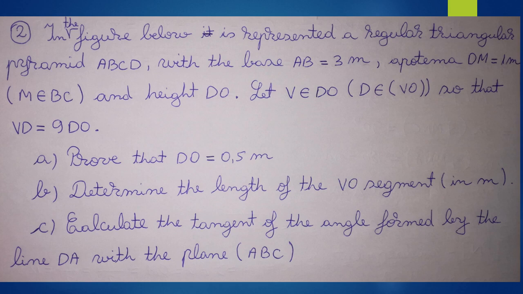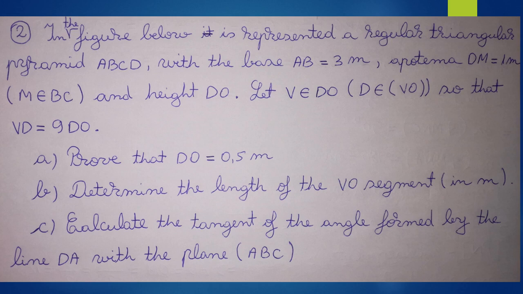Problem number 2. In the figure below it is represented a regular triangular pyramid ABCD with the base AB equals 3 meters, apothem DM 1 meter, M belongs to BC, and height DO. Let V belonging to DO, D belongs to VO, so that VD is equal to 9 DO.